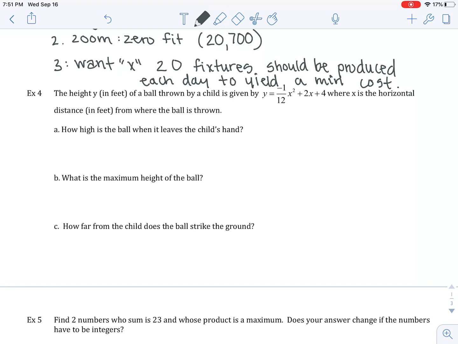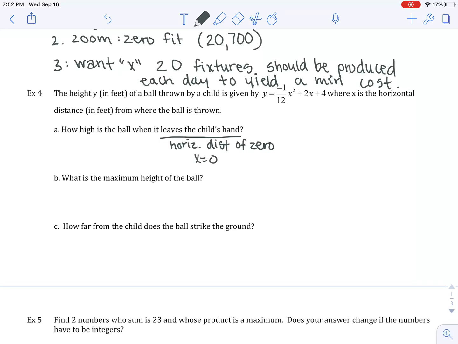I'm looking for height. I'm looking at 0 distance. Okay, so when it leaves the child's hand, that is the starting point. That is now a horizontal distance of 0. That means when x is equal to 0, right?